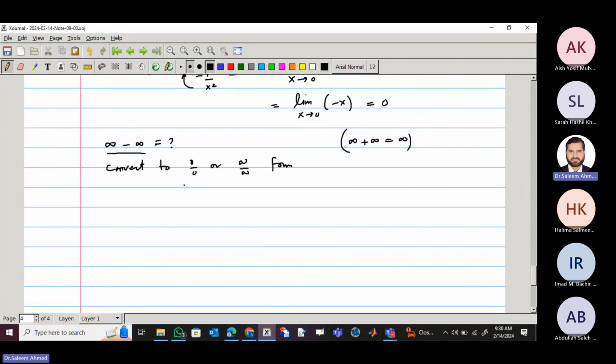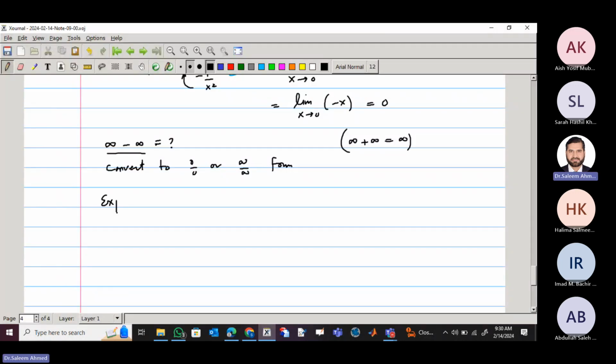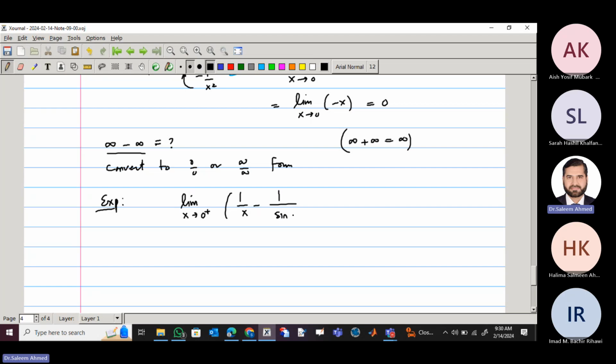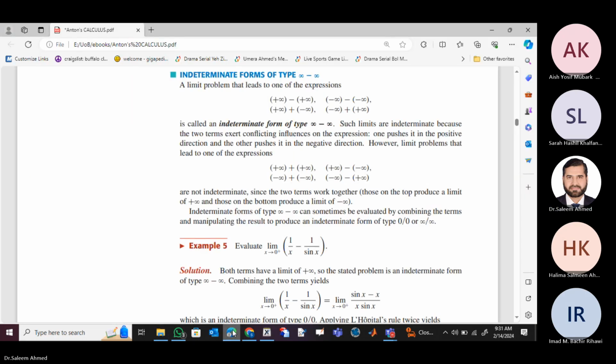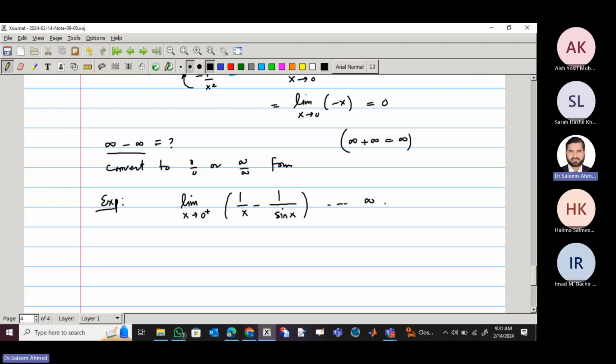I think the example was 1 over x and 1 over sine x. So if you take the limit x goes to 0 plus of 1 over x minus 1 over sine x. Now see, 1 over x is infinity, minus 1 over sine 0 is also infinity. So this is infinity minus infinity form, right?